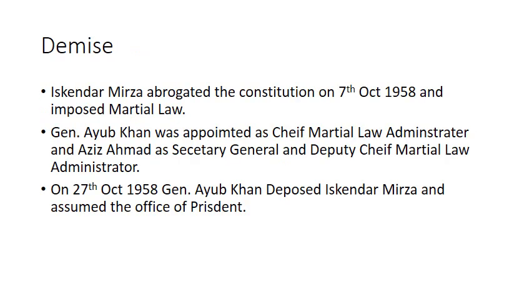Because of the drawbacks that we just discussed, this constitution could not remain for more than 2 years. Iskandar Mirza, who had become the first president of Pakistan, abrogated the constitution on 7th October 1958 and imposed martial law. He appointed General Ayub Khan as Chief Martial Law Administrator and Aziz Ahmad as Secretary General and Deputy Chief Martial Law Administrator. General Ayub Khan was thinking to remove Iskandar Mirza and become the president himself.